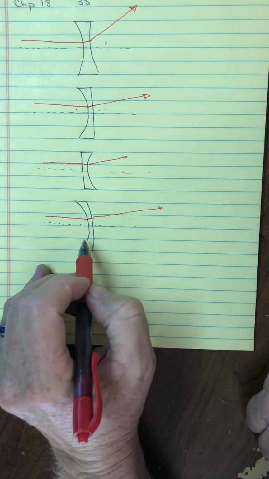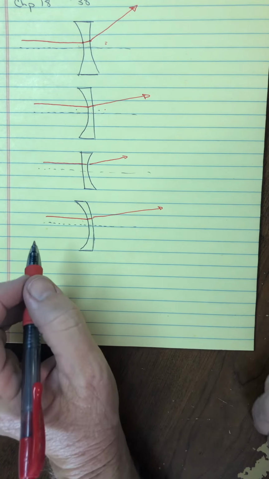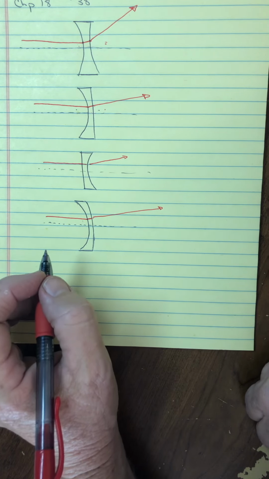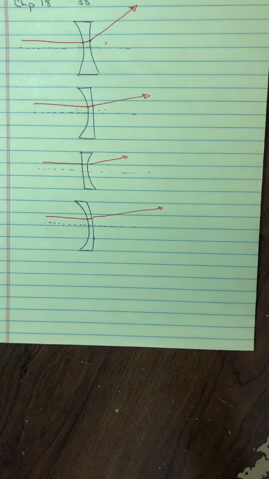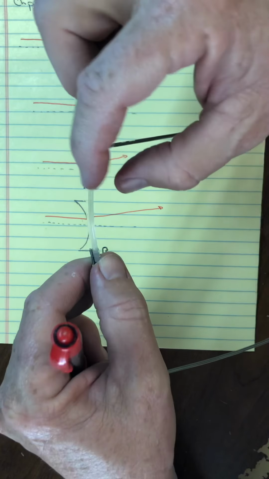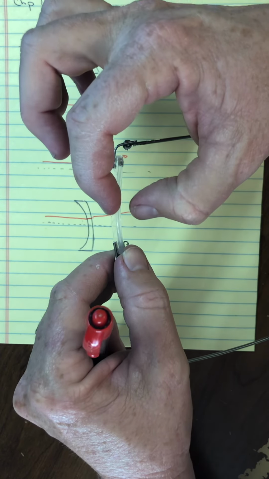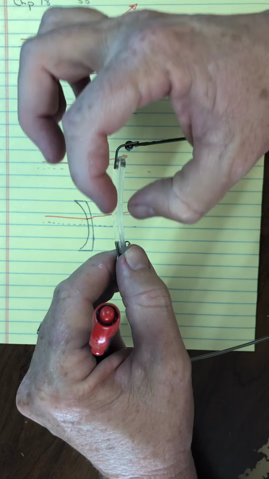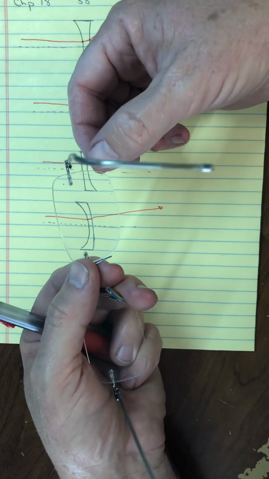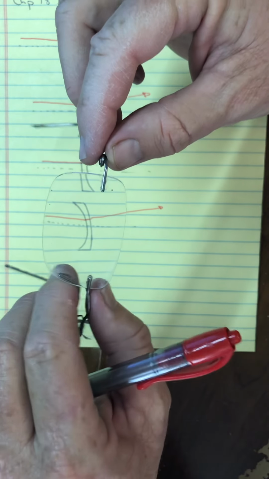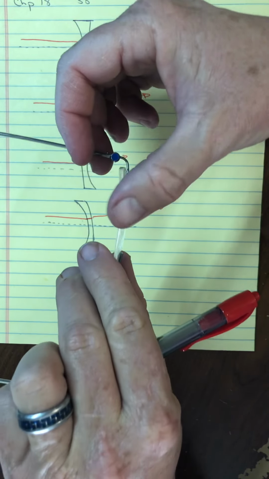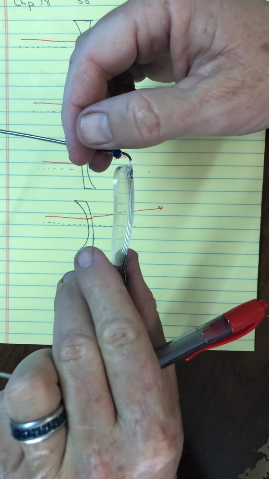That one's probably a little harder to explain and to buy into, but this is how we make glasses. If I were to take off my glasses and show you, it's kind of hard to see, but my glasses are thicker on this end up here than they are in the middle.